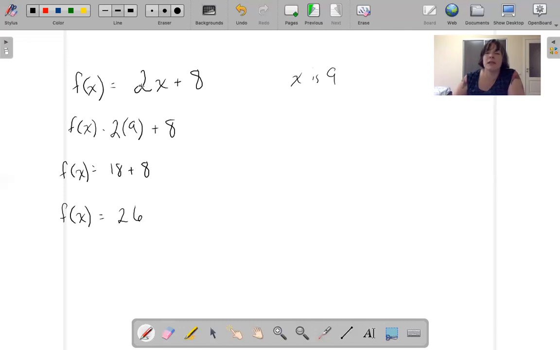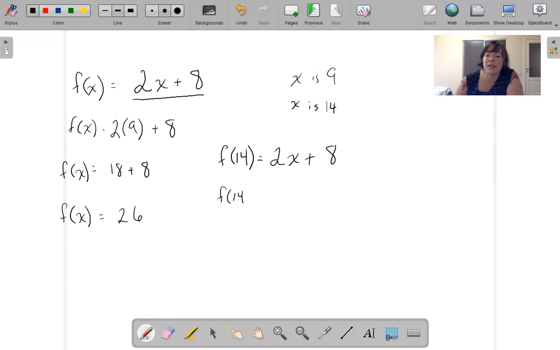How about I use the exact same equation, but I say x is 14. Now I've got 2x plus 8, f of 14.